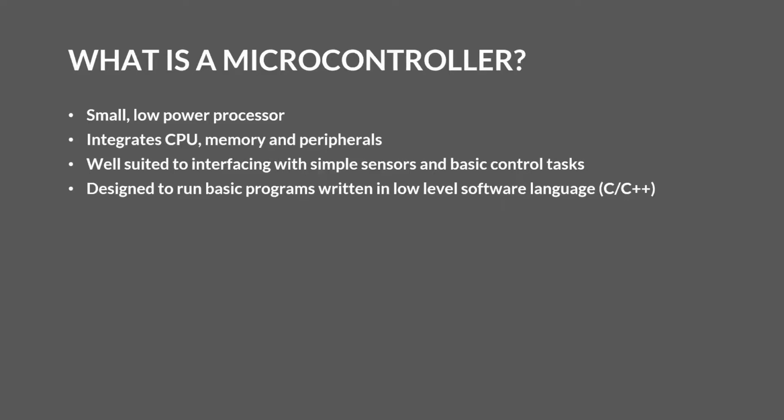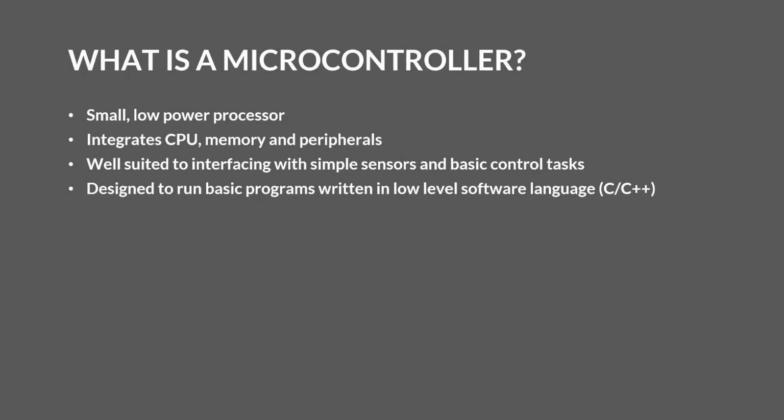The programs that they run are fairly basic. They're written in what we refer to as a low-level software language, something like C or C++. Arduino, the programming side of Arduino, is derived from C++. But don't worry if you've never done any C or C++ programming before. That's absolutely fine. You can easily pick it up.